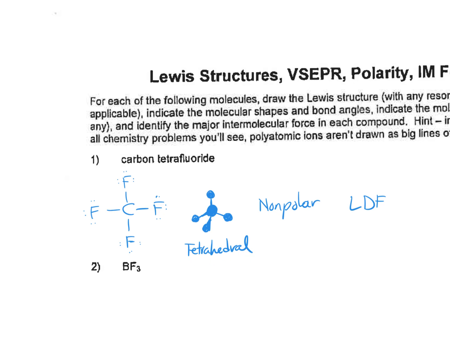It's a tetrahedral structure because there's no one side of this molecule that's pulling electrons any harder than any other side of the molecule. Because of that, it is nonpolar. And if it's nonpolar, the only intermolecular force that this compound will experience is going to be the London dispersion force. Okay?